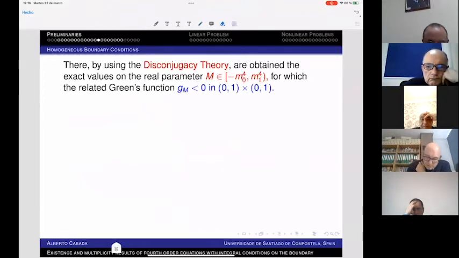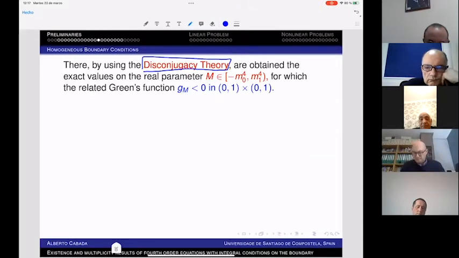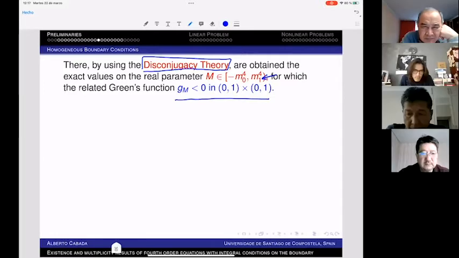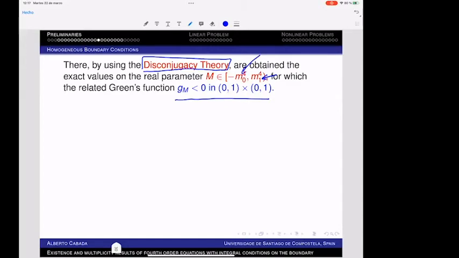To do this, we studied the disconjugacy theory, which is very well known, and using this theory we characterized the values of m where the Green function is strictly negative. It can be for these values of m, in an open interval starting at the first eigenvalue, because the first eigenvalue is always there for any kind of problem. And we characterized this one.